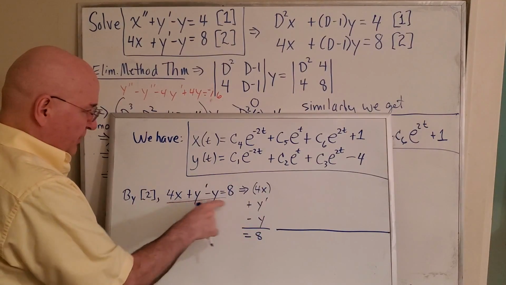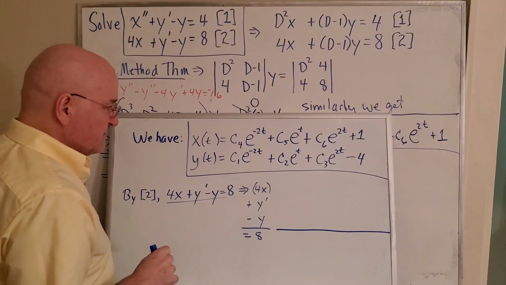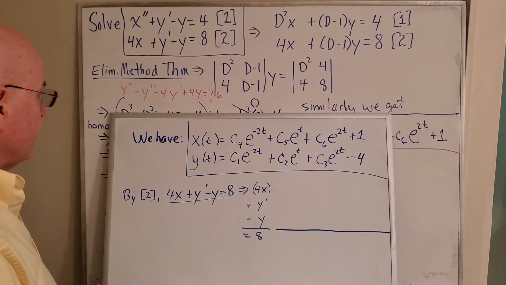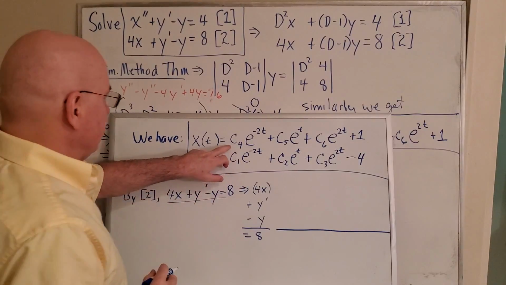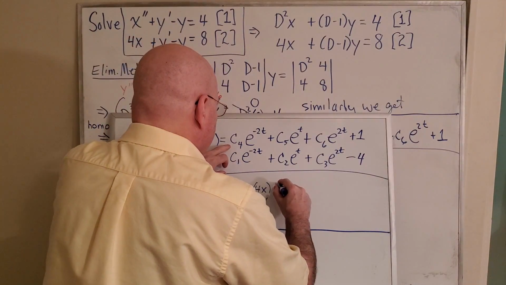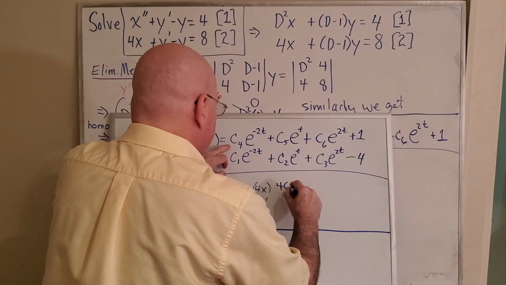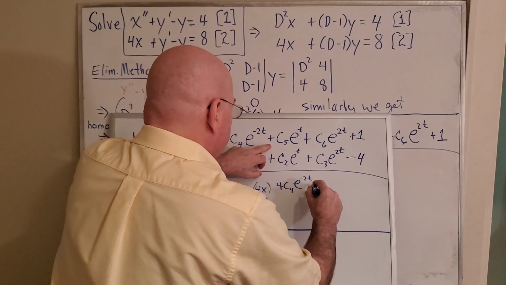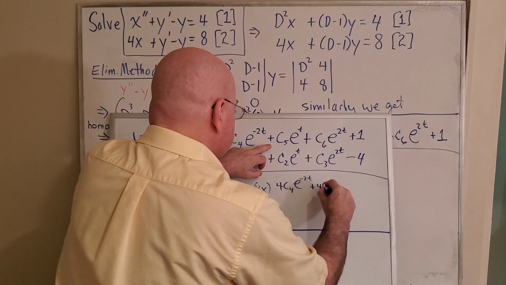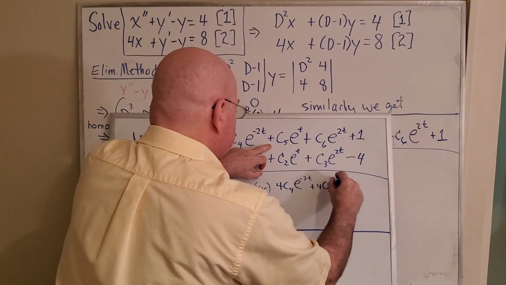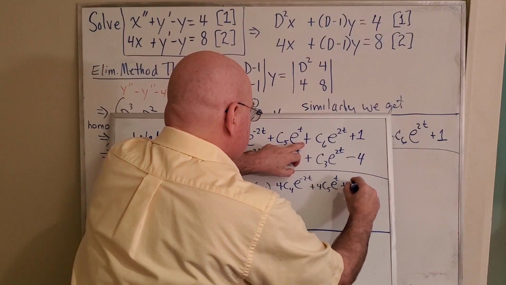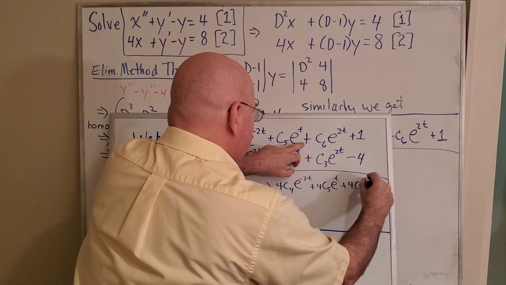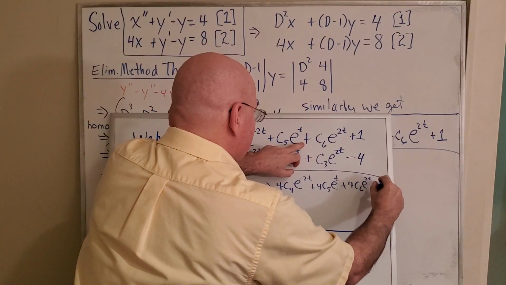I made a column with 4x and then y prime and then minus y. Because I'm going to write out what 4x is right here. 4x would be 4c4 e to the negative 2t plus 4c5 e to the t plus 4c6 e to the 2t plus 4.